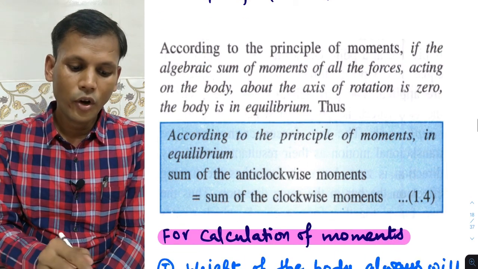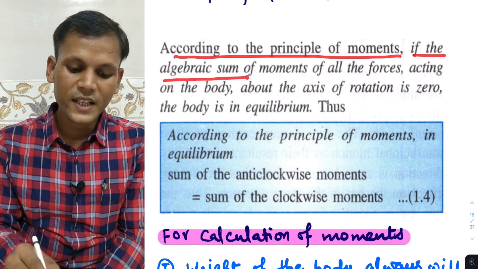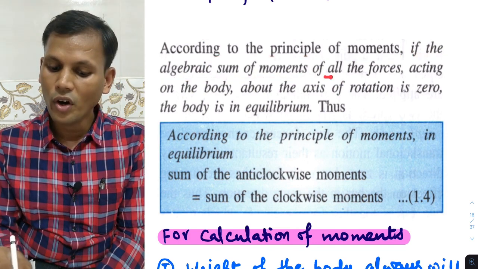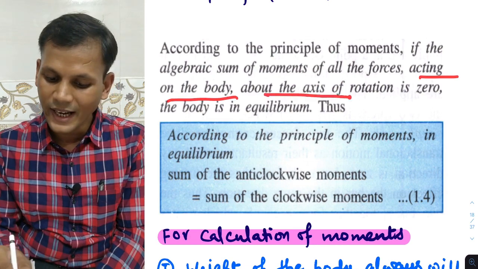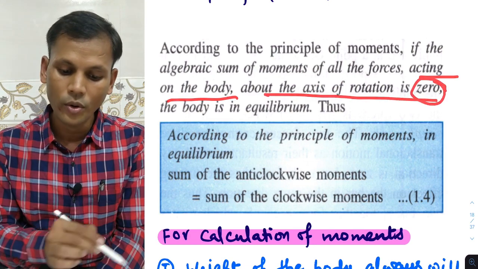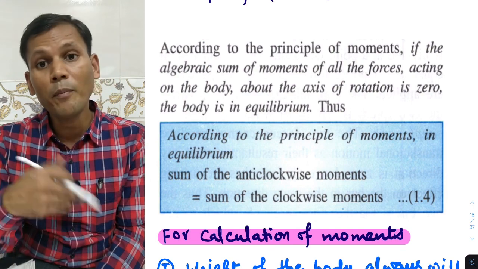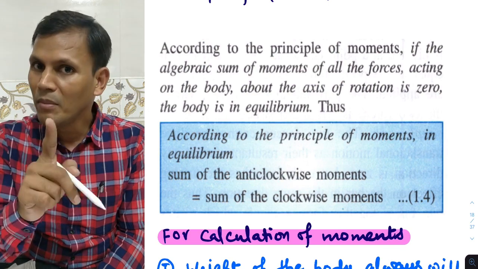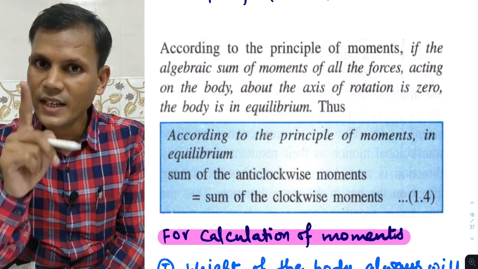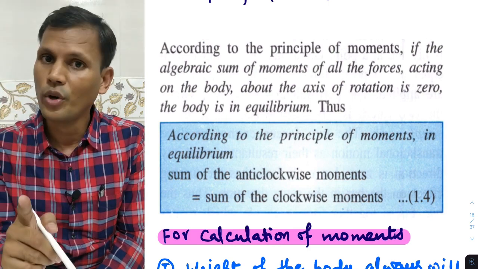So according to the principle of moments, the algebraic sum of moments of all the forces acting on the body about the axis of rotation is 0. What? Sum of all the moments means clockwise moment plus anti-clockwise moment, that sum is 0. And remember, clockwise moment is taken as negative, anti-clockwise moment is taken as positive.